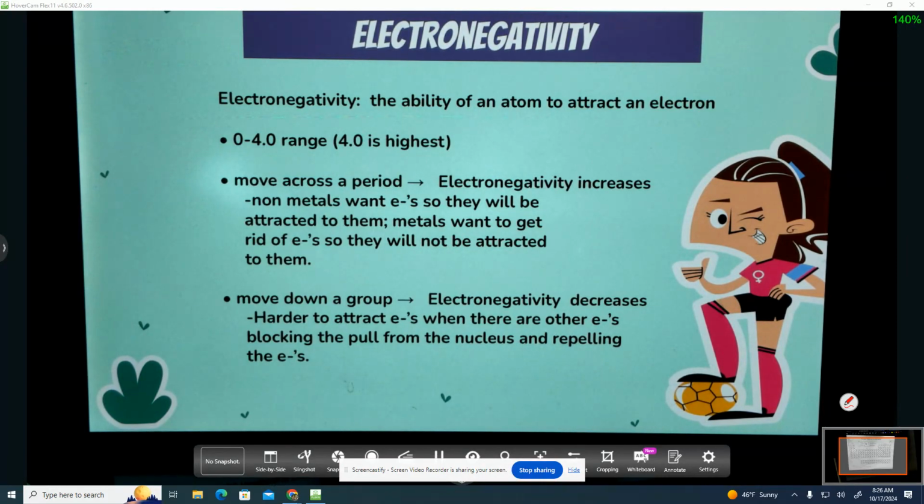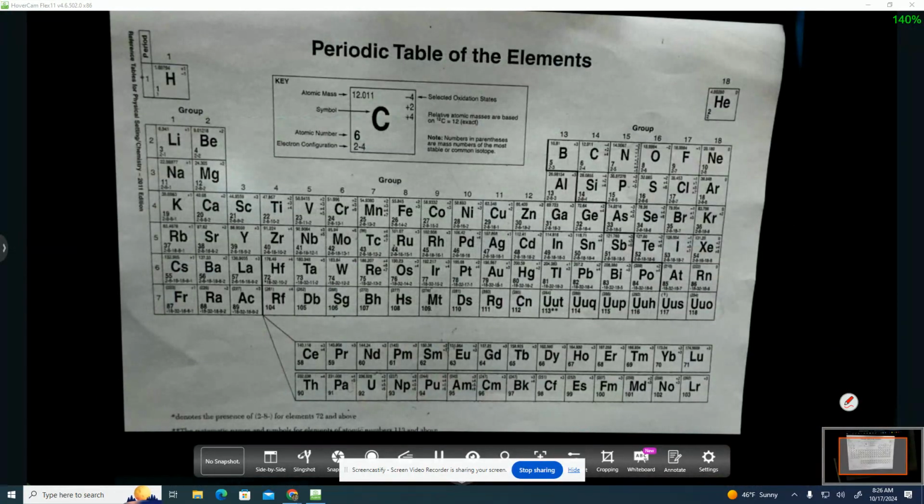Now, knowing that information, let's go back to our periodic table. Who's the highest electronegativity? Do not look at your Table S. Who do you think is going to be the strongest element on that periodic table? Fluorine. And who's going to be the weakest? Francium. Good.